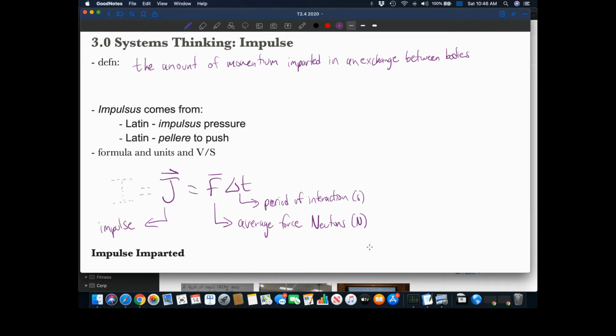Now I'll tell you also that a newton is kilogram meters per second squared, but we will just say newton in this particular case. And that means then that the units of impulse are newtons times seconds, or newton seconds. And for now, we'll leave the units there.